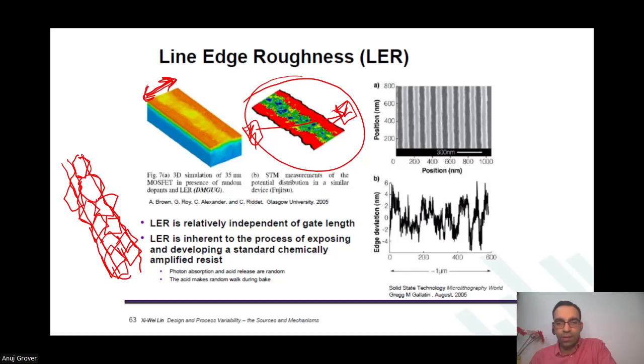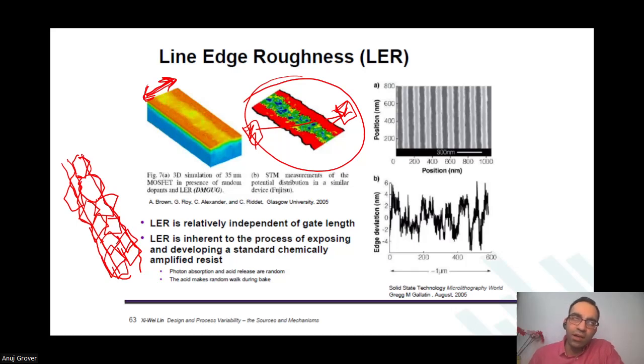Sir, it is written that LER is independent of gate length. So, sir, how is it causing variation? LER is independent of gate length, but it does not say that LER doesn't happen. If LER is happening, do you realize that the gate length is effectively changing? What it means that it is independent of gate length is that it is dependent on the polycrystalline, the size of the crystals in the polysilicon, not on the length of your gate.